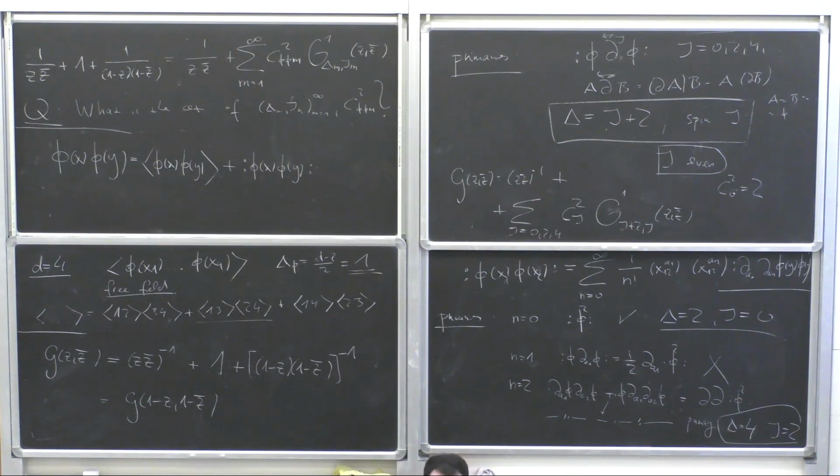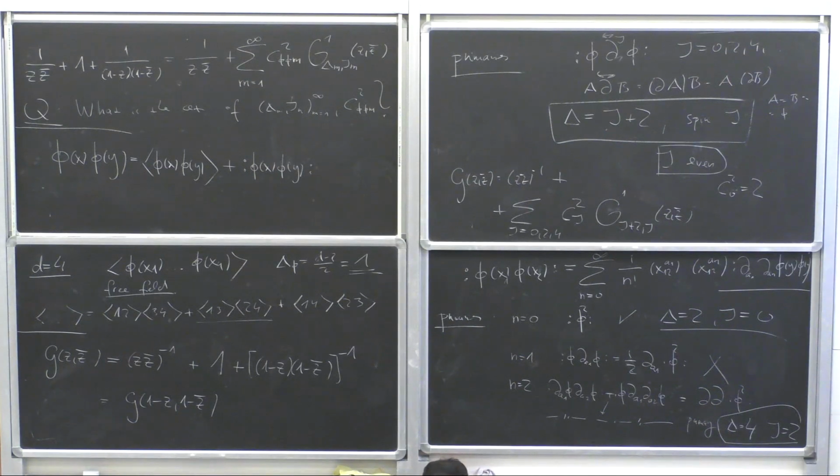So first of all, the contribution of an operator of dimension delta goes like r to the delta, or r to the delta minus 2 in this case. So this tells us there are no new operators of dimension 3. But now you see that there is an operator of dimension 4 and spin 2, because the dependence on theta more or less tells you the spin.